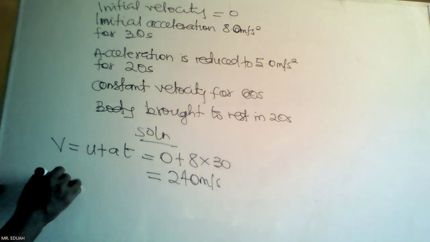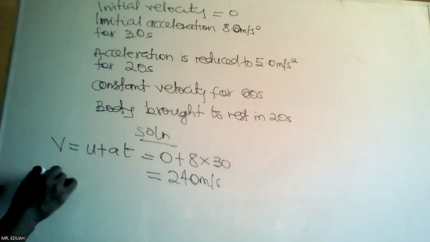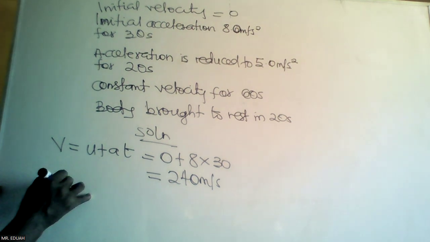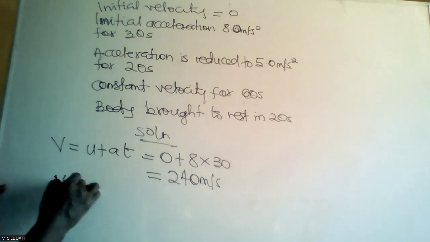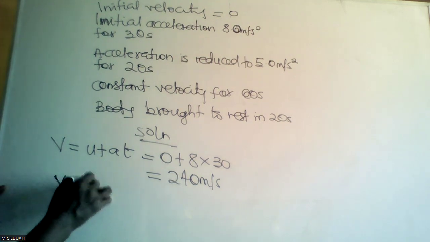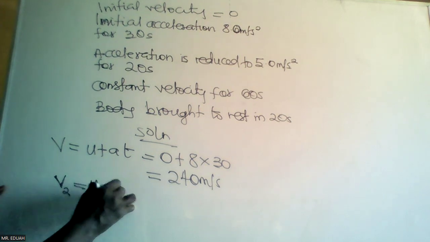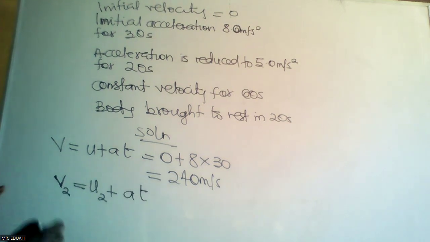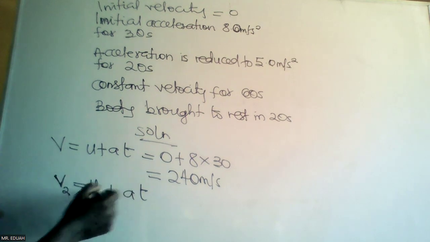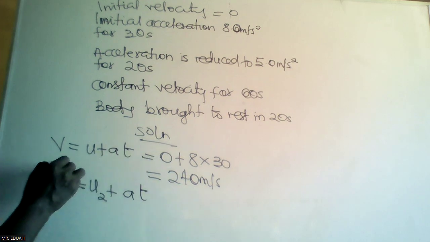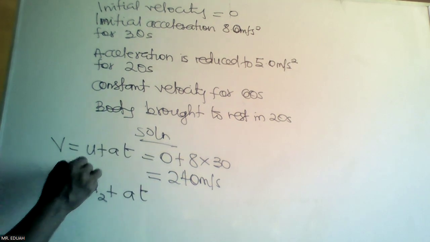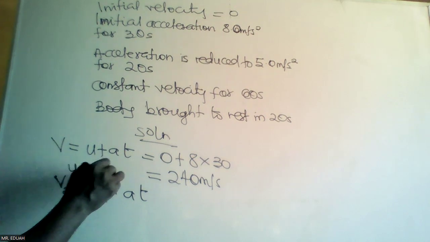So V2, 2 to denote the second part of the motion, will be equal to U2 plus AT. U2 becomes the final velocity of the first part. So U2 is equal to 240.